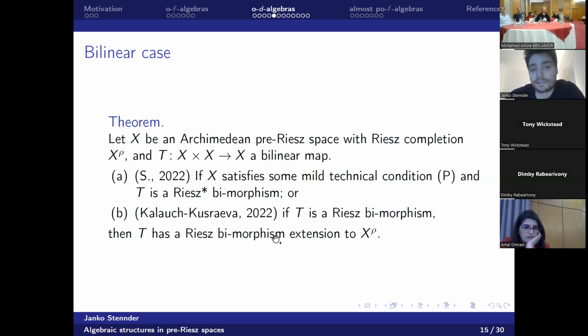So we basically have the same theorem as in the linear case, only that for Riesz-star bimorphisms, we need this condition P. And I'm working on this condition.